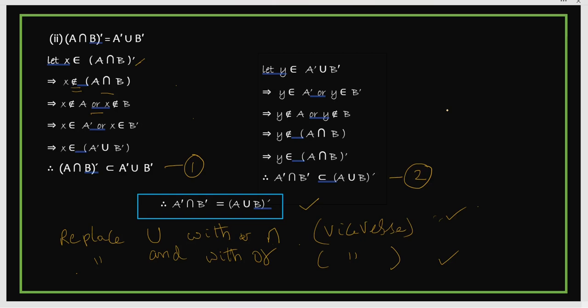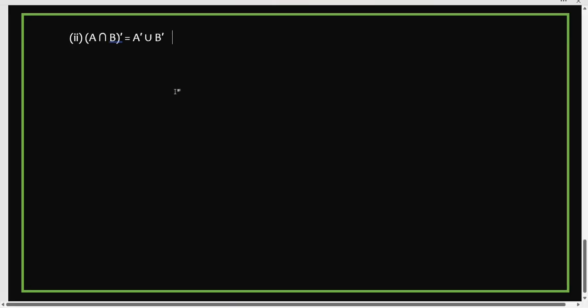All the best. I just wanted to show you that De Morgan's second law can be proved by interchanging union with intersection and and with or. The subsequent proof follows the first set subset proof, and I show that in the next slides.